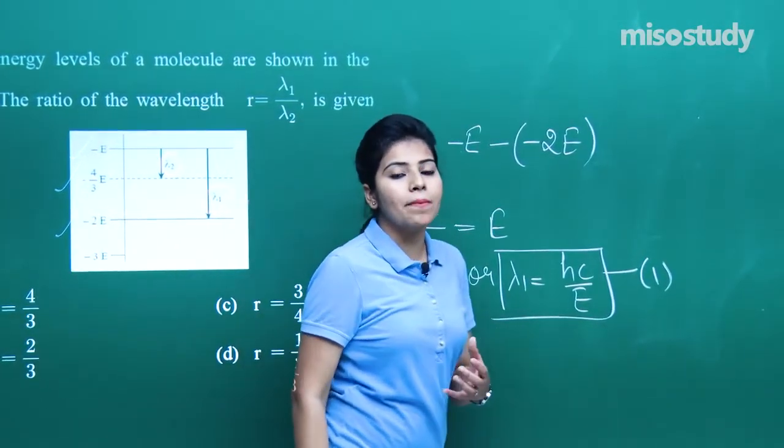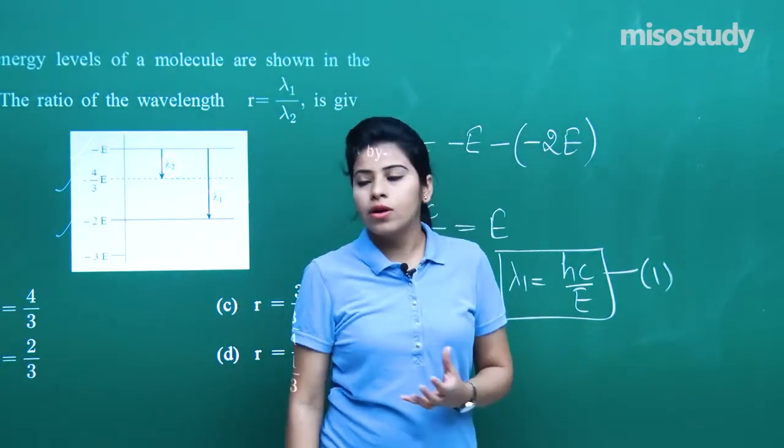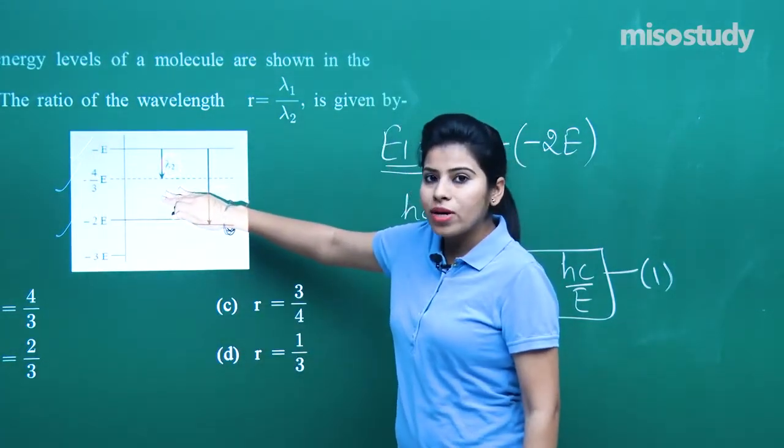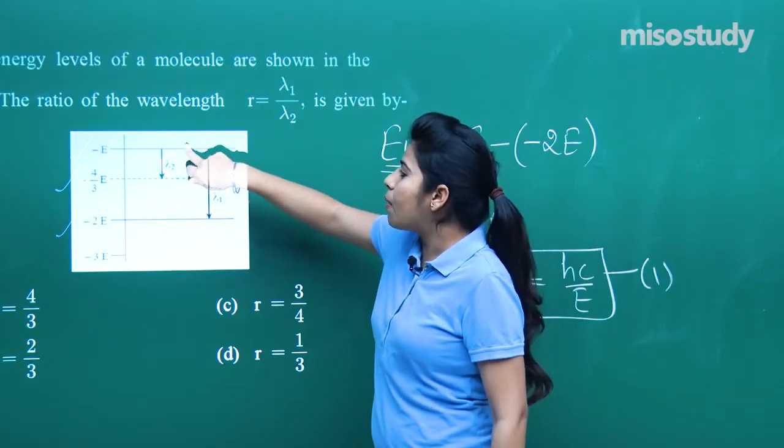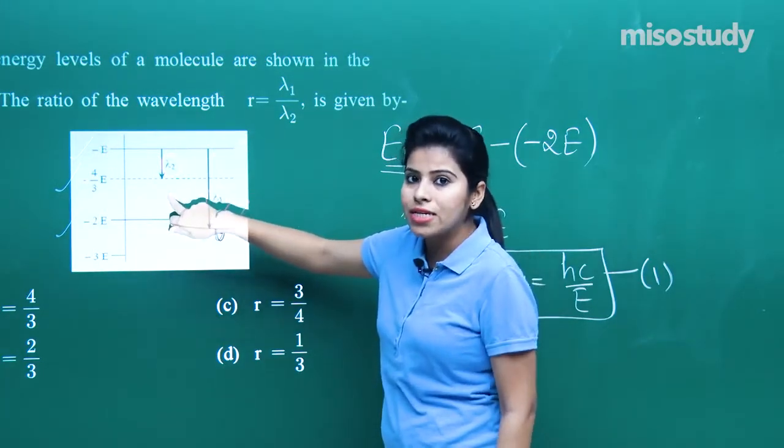Let me now talk about lambda 2. For lambda 2, the electron is coming from minus E to minus 4 by 3E.